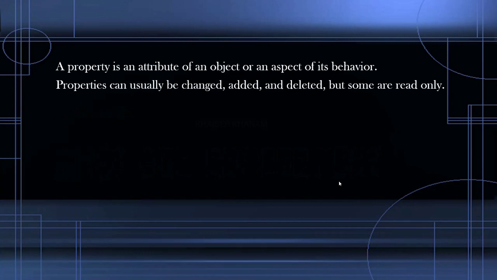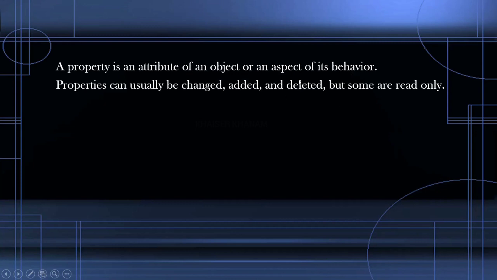If you have seen the previous video, you will be aware that whenever we are defining an object, inside it we will have name-value pairs, and that name is called a property. It is an attribute of an object or an aspect of its behavior.